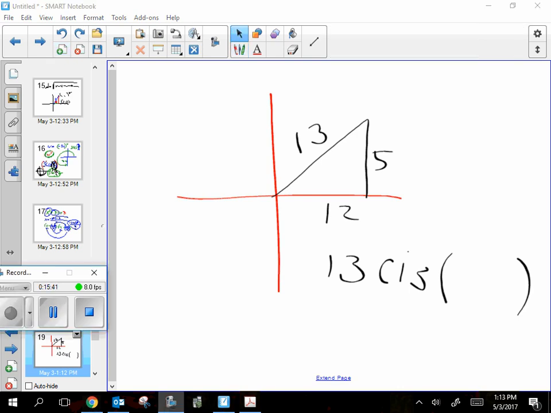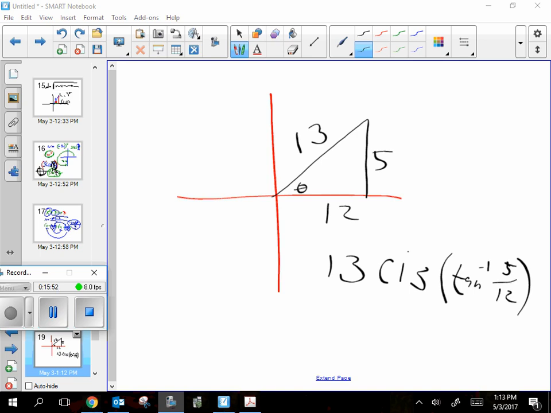All right, it is inverse tan of, tangent is TOA, right? Opposite, 5, over adjacent, 12. Inverse tan of 5/12. There, that's another way to write that if you don't know the angle. You can write it as tangent or inverse tangent.